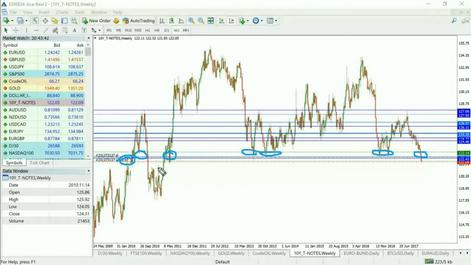Now we've moved on to the final phase, which is very much the lows, and we're sort of procrastinating around these levels. But what is safe to say is that if we get a break, and we're talking about a confirmed close beneath this level, 122.09, there's nothing but air beneath these levels. So we'd expect some considerable continuation to the downside.